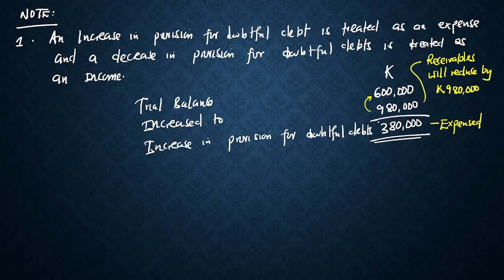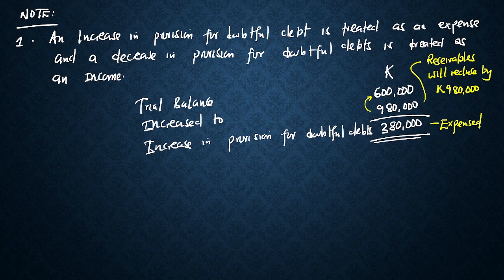So I repeat my statement. Let's assume that in your trial balance, you had 980, which was showing as your provisions for doubtful debts. Then you find a note on the adjustment that your doubtful debts have been adjusted to 600,000. Now my question is, how did we get the 600,000?